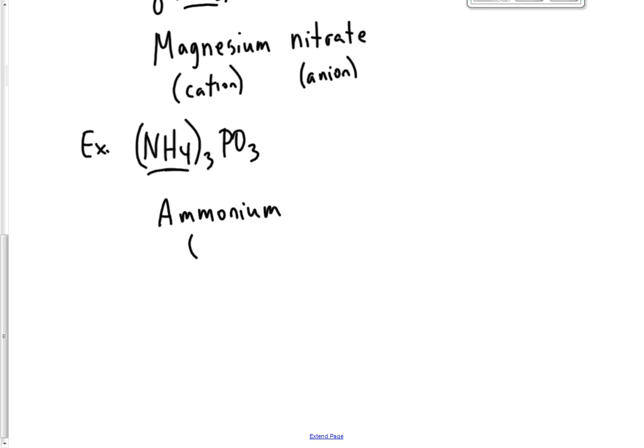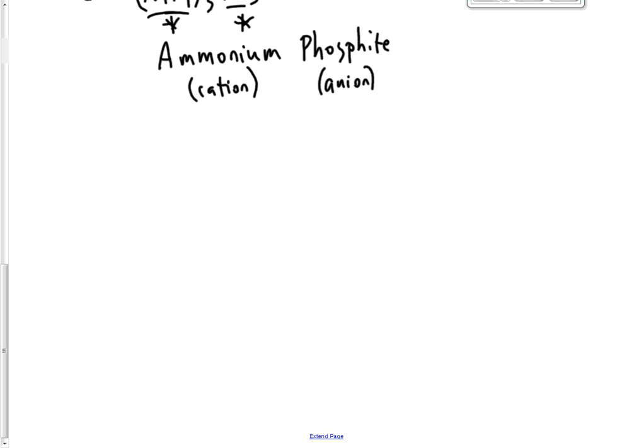That's our cation. And then we're going to name our anion. PO3 is phosphite. Write down phosphite because that's our anion. So our name here is ammonium phosphite. In this case, we've got two polyatomic ions, one there and one there, and we've combined them into one compound.